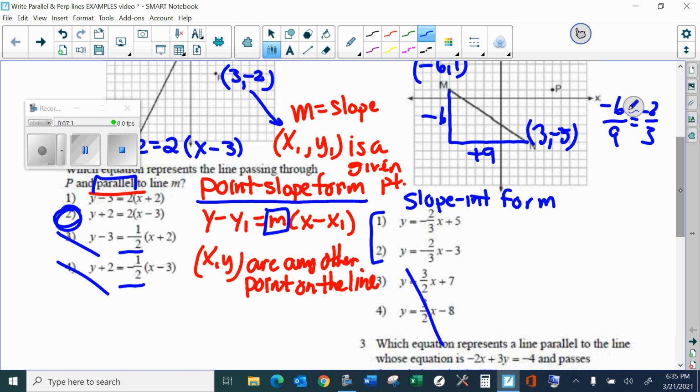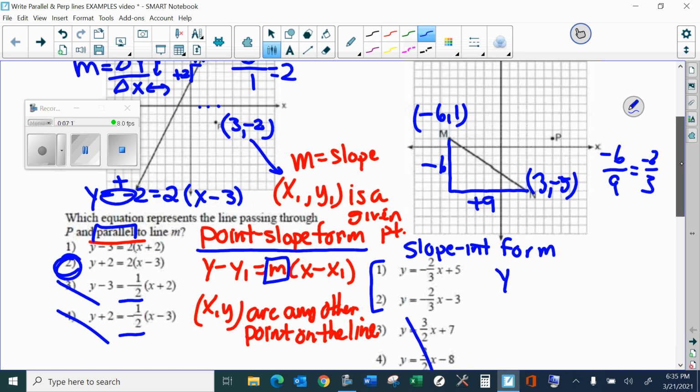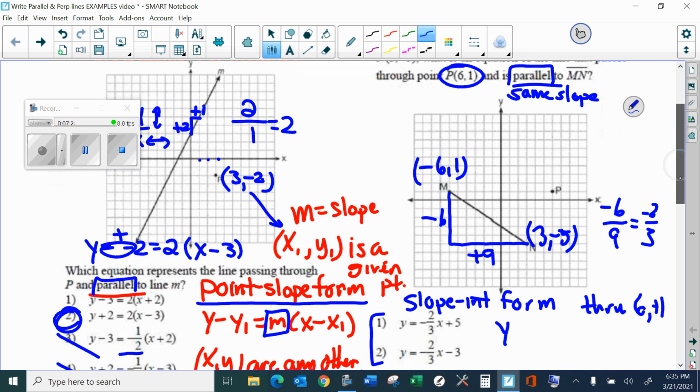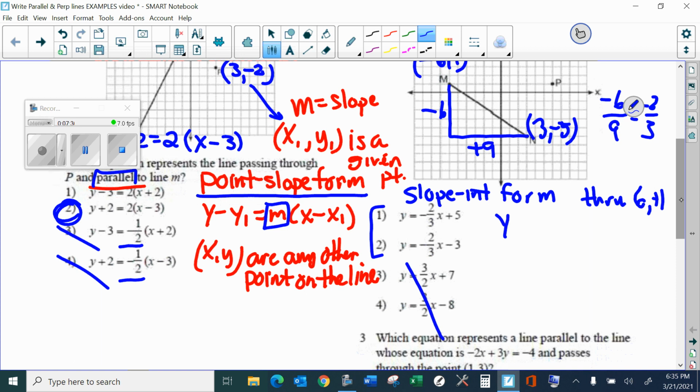But we're going to pretend like we'd have to come up with it on our own. So I have y, going through the point 6, 1. Positive 6, positive 1, yes. That's positive, I'll just get rid of it and put a 1. All right, so y minus the y value 1 equals the slope, -2/3, times x minus 6.